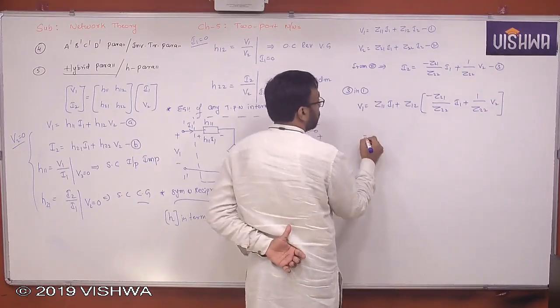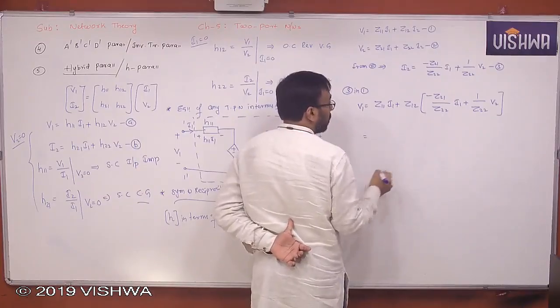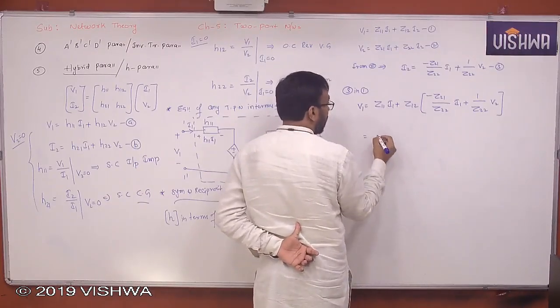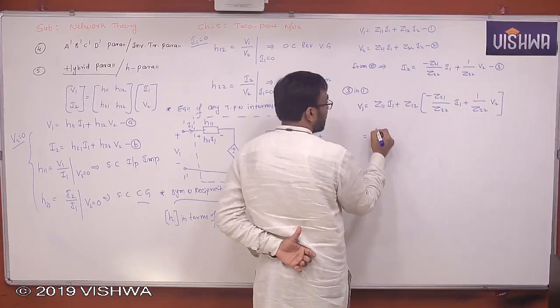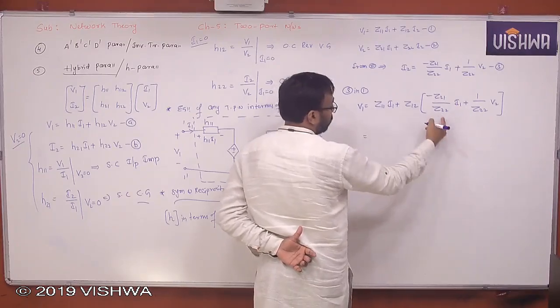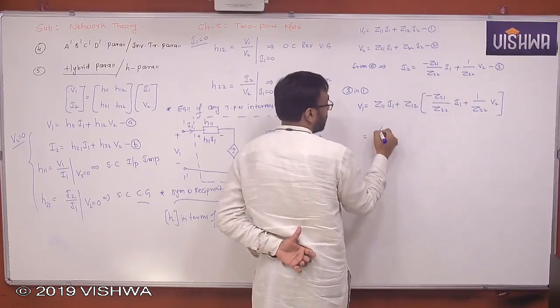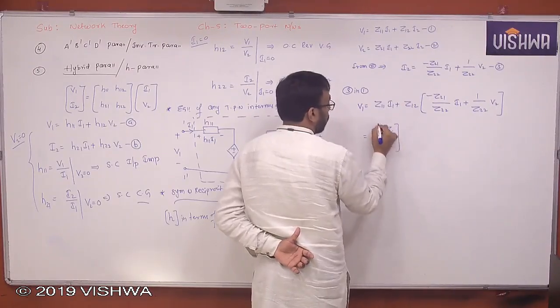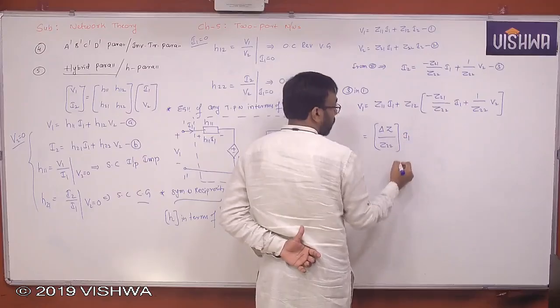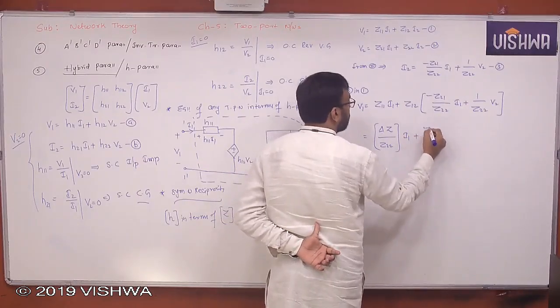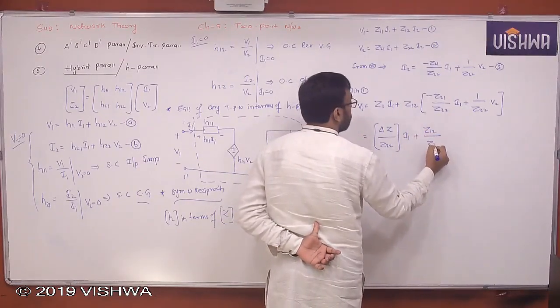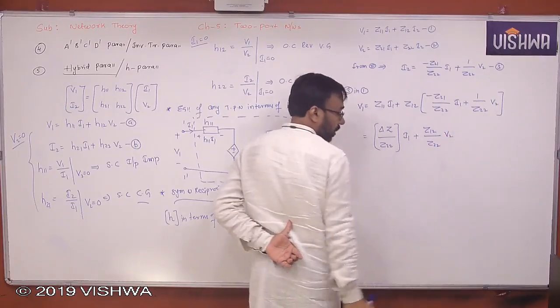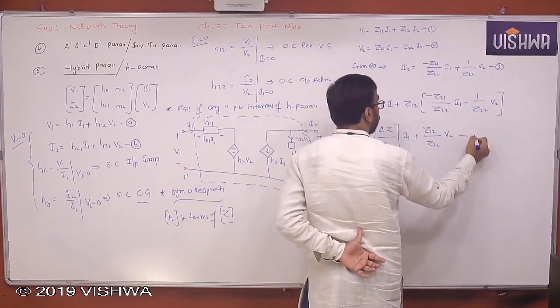Now what do you get here? If you take common, what do you get? Del Z, yes or no? Z11 Z22 minus Z12 Z21. That means del Z by Z22 into I1 plus Z12 by Z22 V2. This is called equation 4.